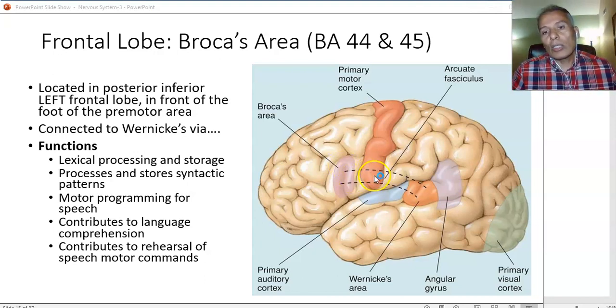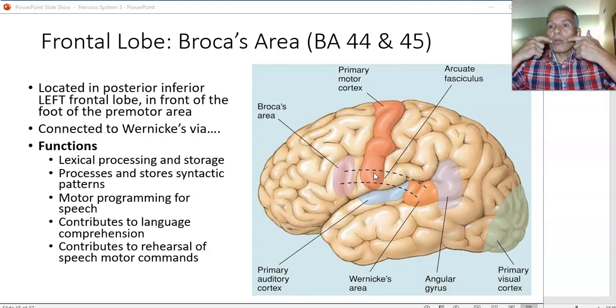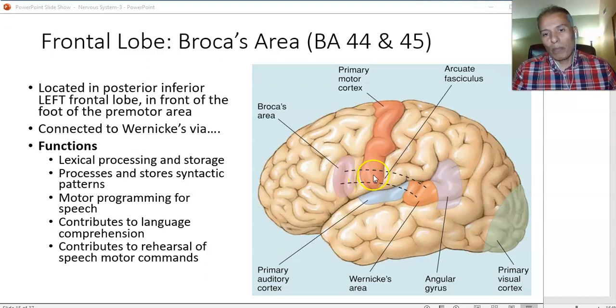So it sends the word, and then the motor cortex is activated, and then it sends the command down through the axons, through the nerves, to the brainstem, and from the brainstem it goes to the cranial nerves that control the muscles of the lips and the cheeks and the tongue and the vocal folds, all these muscles.